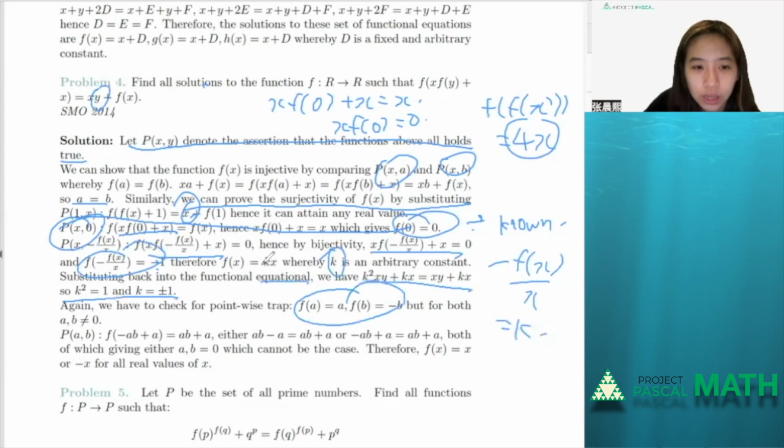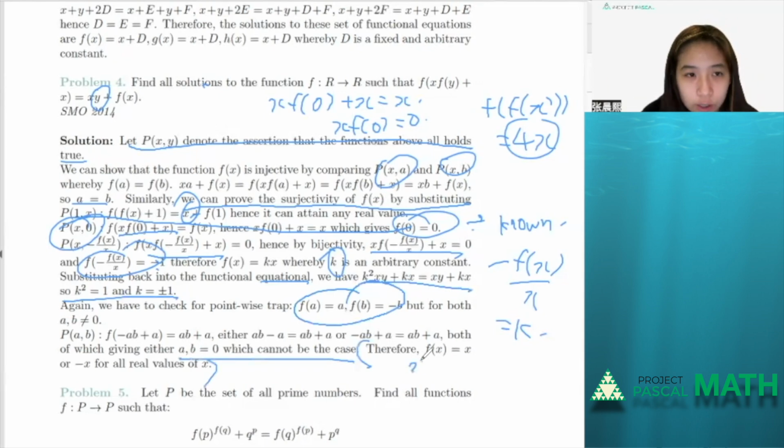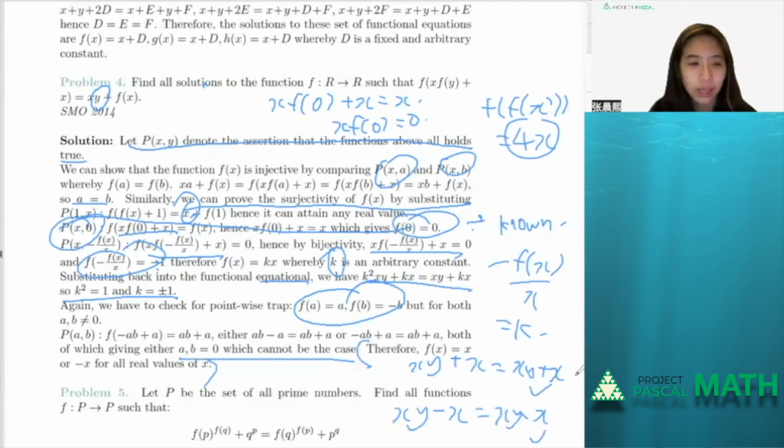But this one, after you prove that it doesn't give ab equals 0 for both, like both solutions cannot coexist simultaneously, then you're able to obtain that f(x) equals x or equals negative x for all values of x. And again, you check xy plus x equals xy plus x, or xy minus x equals xy minus x, which works. Yay. Okay.